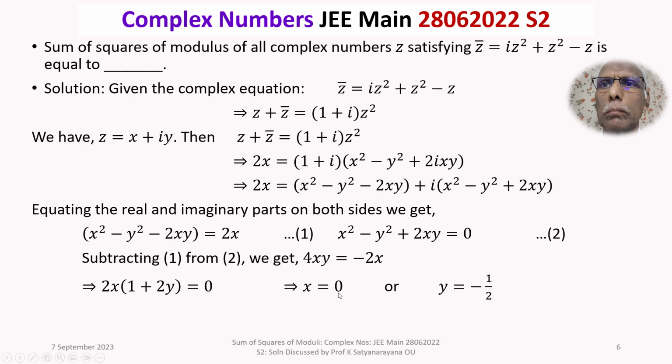This gives x = 0 or 1 + 2y = 0, that is y = −1/2. We continue in the next slide.